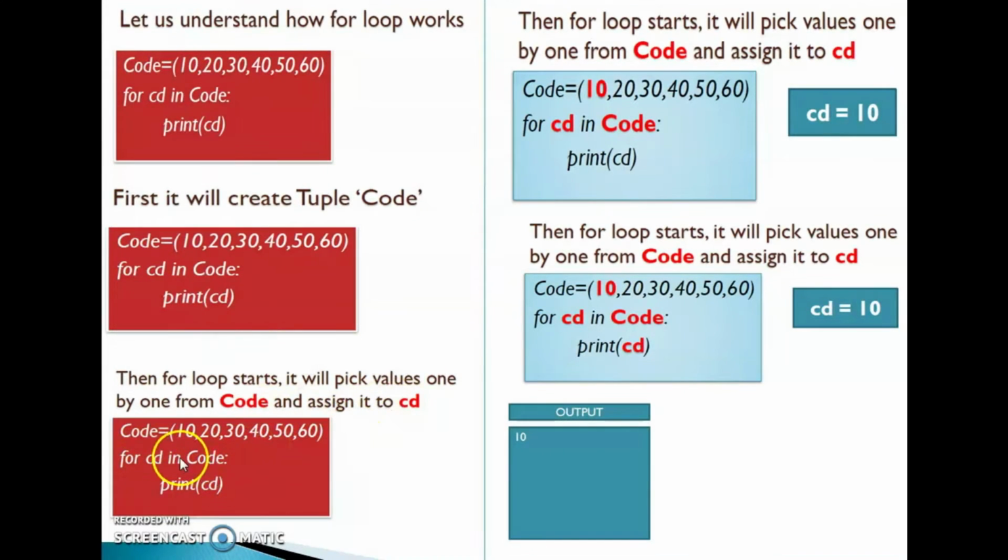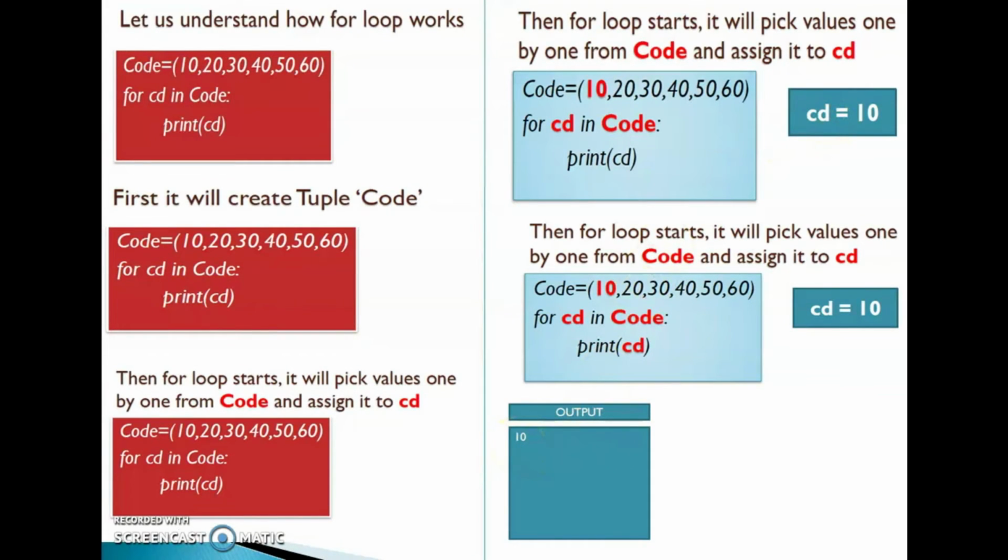During the first iteration, 10 is the value. 10 value is assigned to this CD variable. Okay. Print CD. We can see the value CD, that is 10.